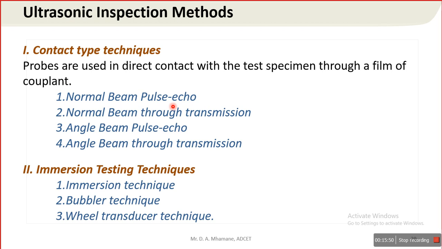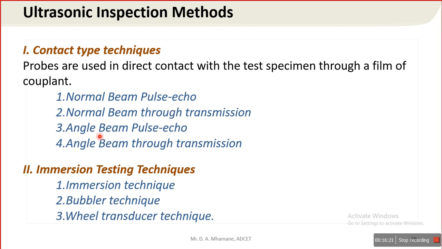One is for transmission of the sound wave and the other receives the transmitted sound wave at the other end of the specimen. Means in case of through transmission, we need two sides of the specimen, top as well as bottom. But in case of pulse echo technique, only one side is sufficient for inspection of the material.